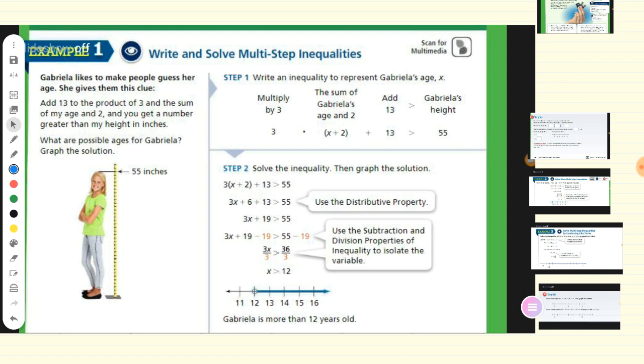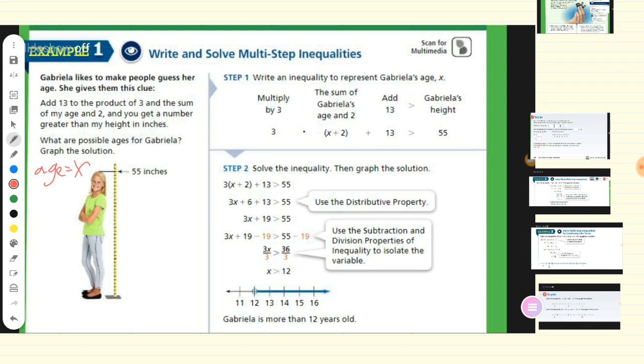She asked them: add 13 to the product of 3 and the sum of my age and 2. I don't know her age, so we will call her age x.